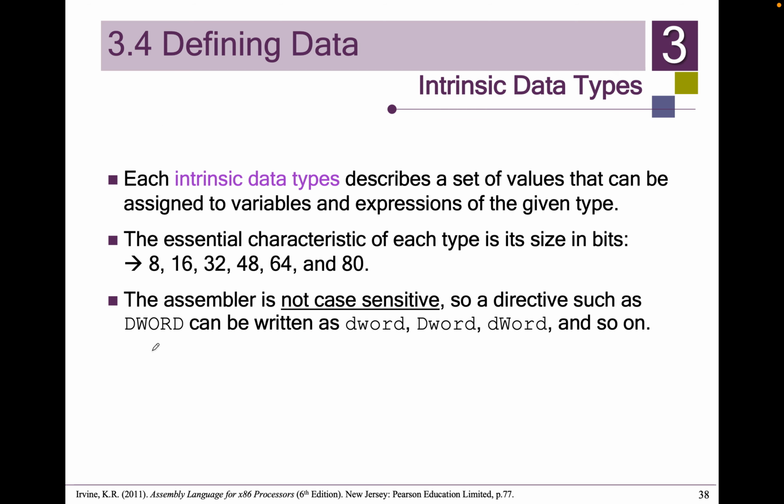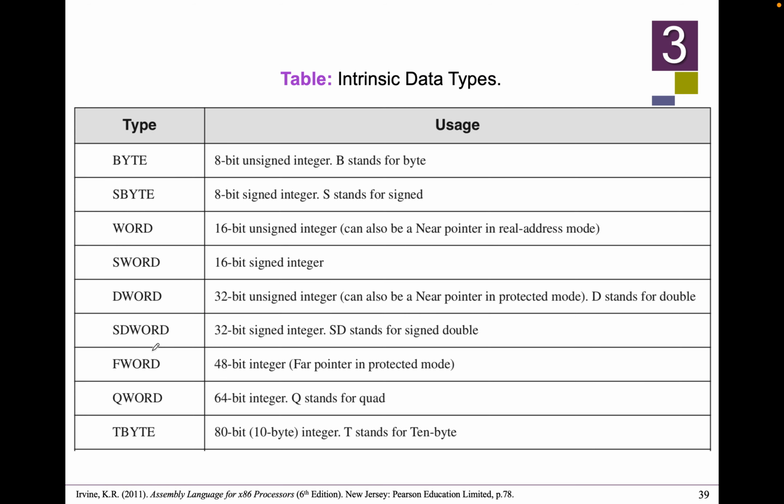I think I already covered this one, but I'm going to go through it. Let's go directly to this part. Byte is 8 bits, and it is unsigned. If you have S in front, then it's going to be a signed integer.